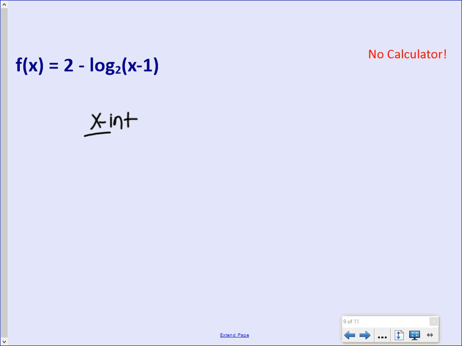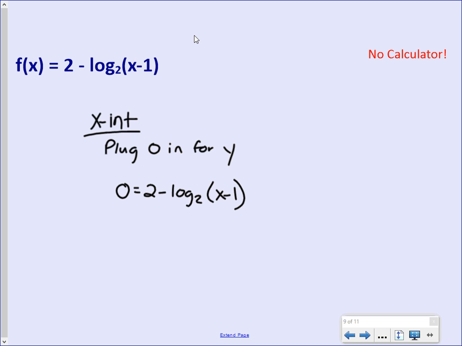How would you find any x-intercept in math? Plug 0 in for y. Okay, 0 equals 2 minus log base 2 of (x minus 1). Now you've got to solve this with reverse order of operations.